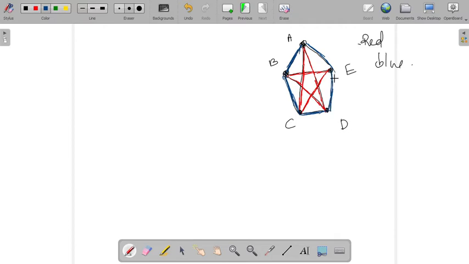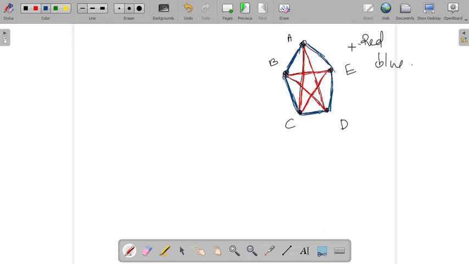When I color in this manner, you can see that there is no blue triangle and no red triangle. The edges of the triangles that we see are not all red and not all blue.